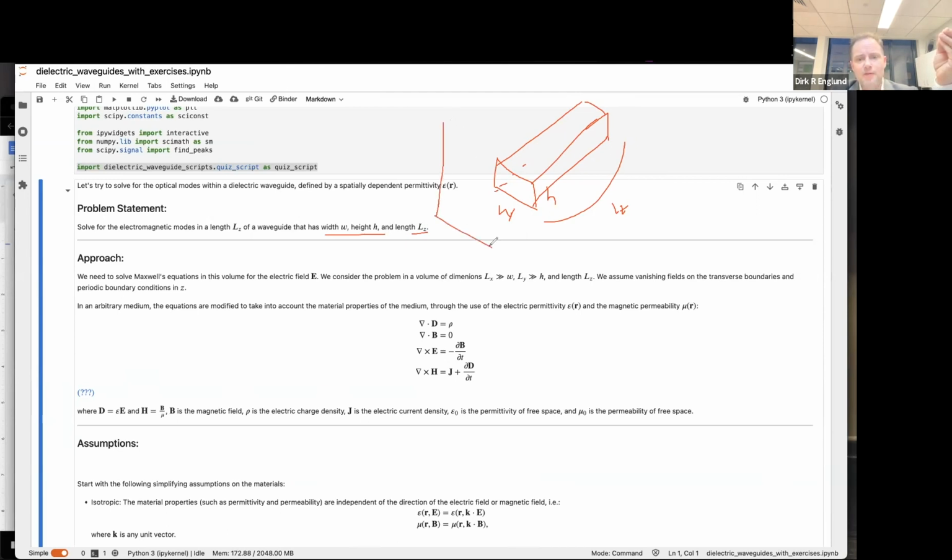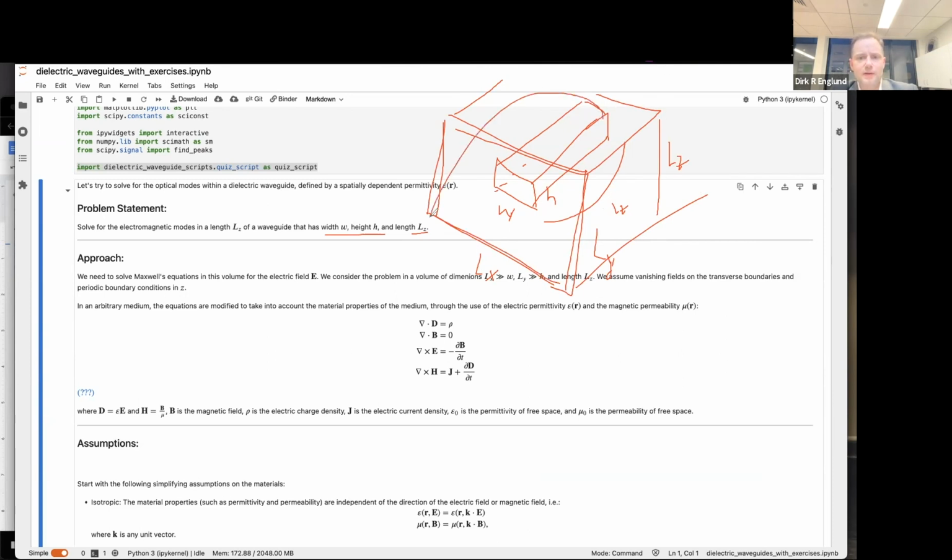So I'm assuming here that we have boundary conditions given by some bounding box of the transverse dimensions L sub Y, L sub X, and longitudinal dimension also L sub Z. The boundary conditions are that the electric field vanishes in the transverse dimension. So on this edge here, the electric field vanishes. And we have periodic boundary conditions in the Z dimension.